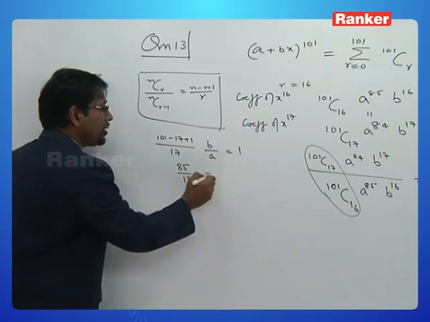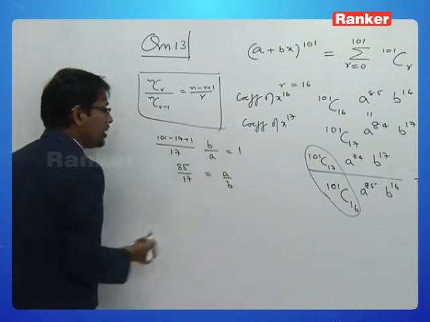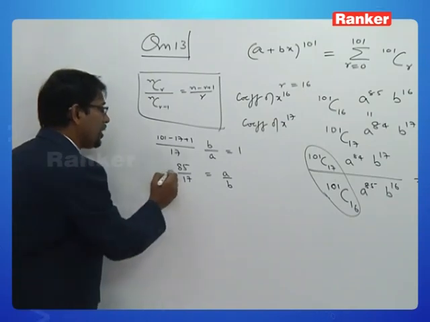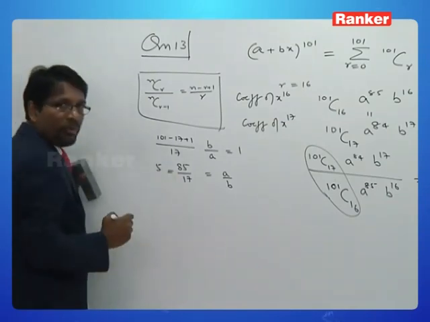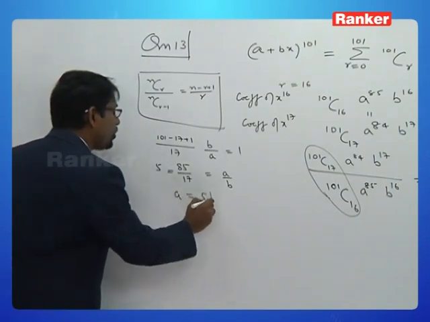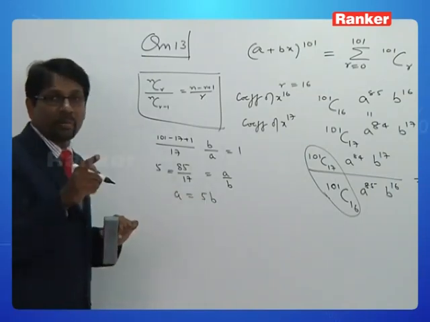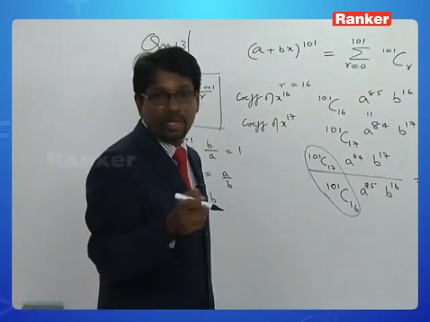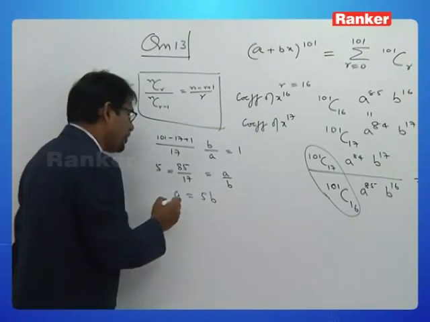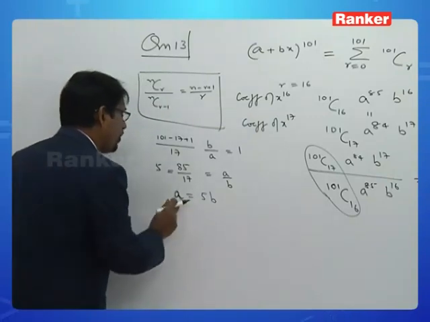85 by 17 into b by a is equal to 1, or a by b. This is what you have here: a by b is 5. We are interested, so a has to be a multiple of 5, that is 5 into b. And he says a and b are natural numbers. So clearly a has to be a natural number multiple of 5.